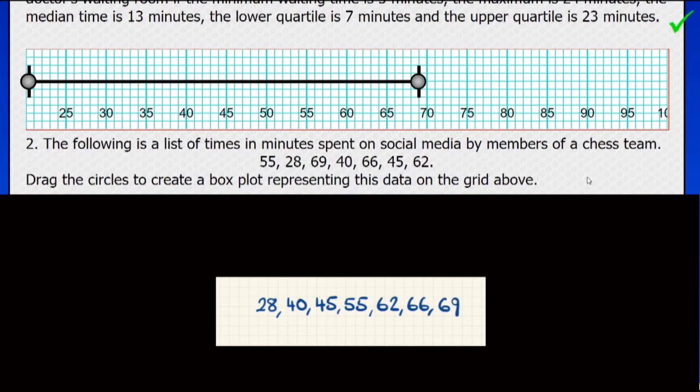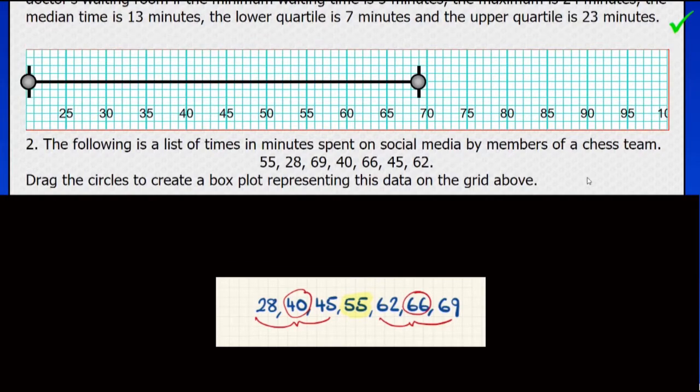So it's quite clear to see that the middle number is 55, so that must be the median. And then what's left? Well, once we've chosen the median, we've now got 2 groups of 3 numbers. So it's the middle one of those groups that are the lower quartile and the upper quartile. So we can now say that the upper quartile is 66.